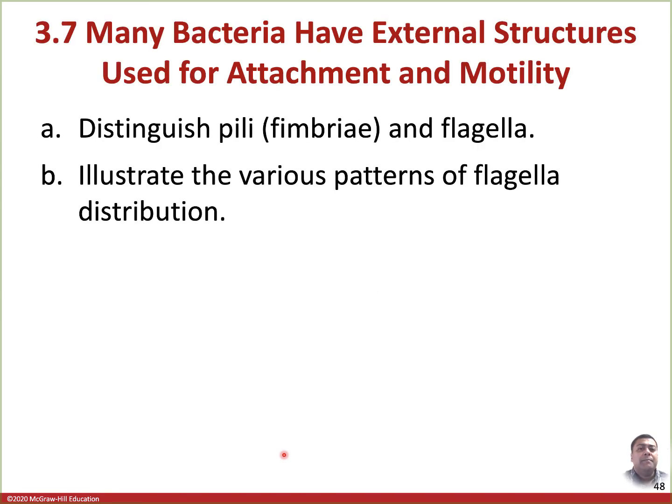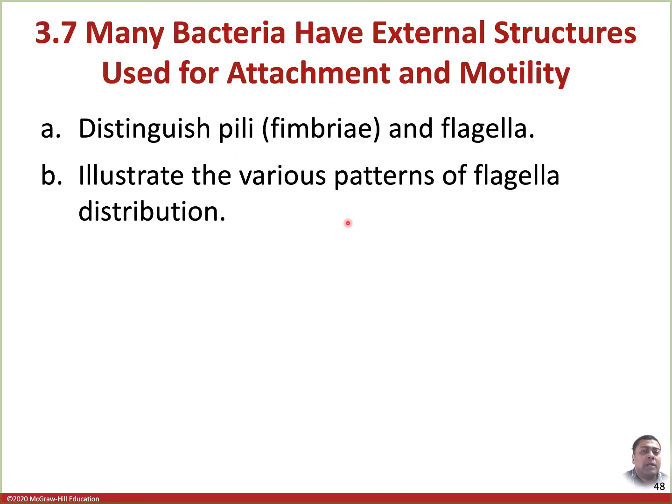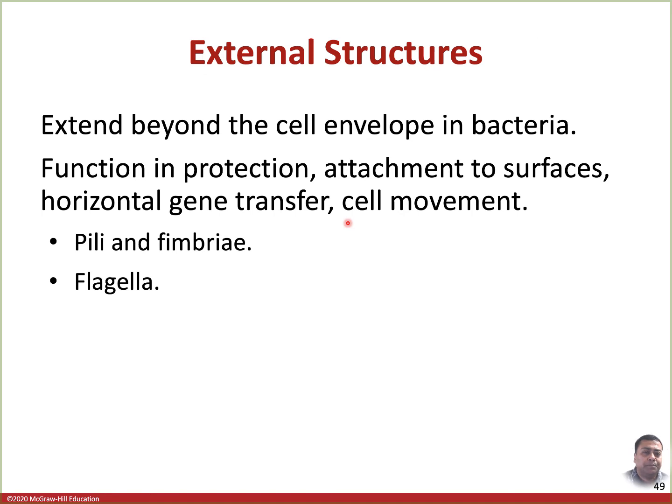On the other hand, many bacteria have external structures for attachment and motility. We were constantly talking about pili in the previous part, and now we're going to see what pili are. These pili are hollow tubes which can form between the cells or bacteria, and can transfer these plasmids. Along with that, they have some locomotory and anchoring functions as well.